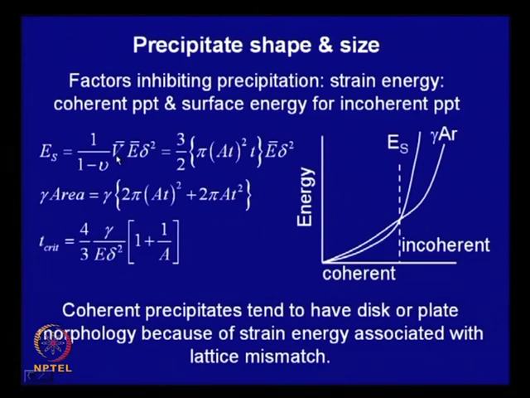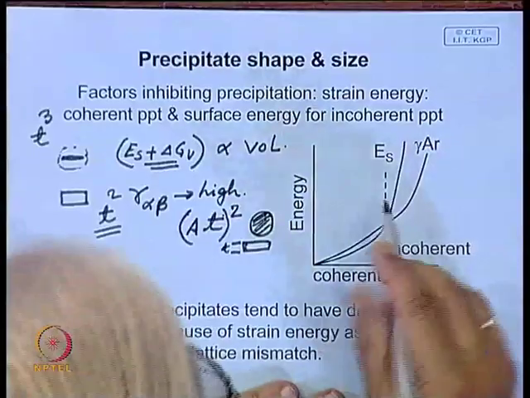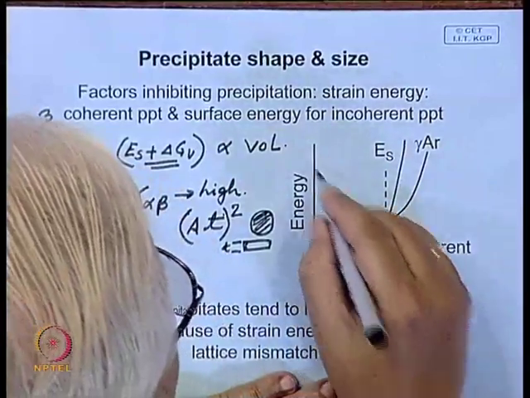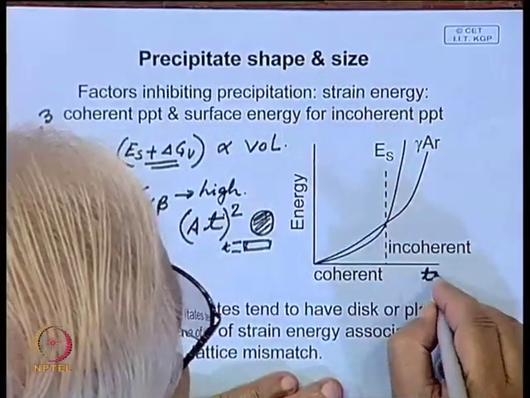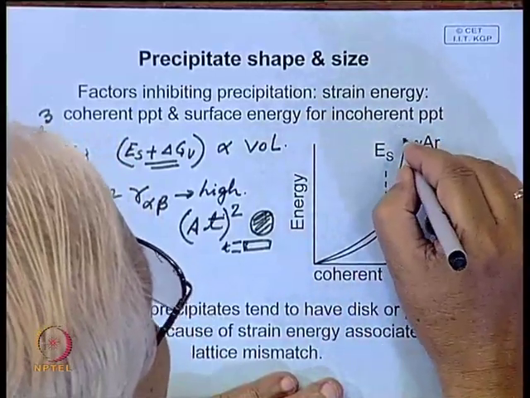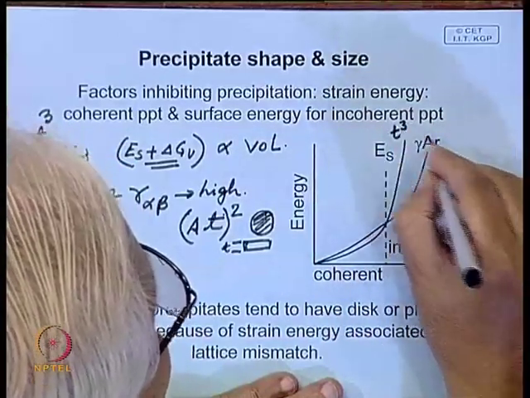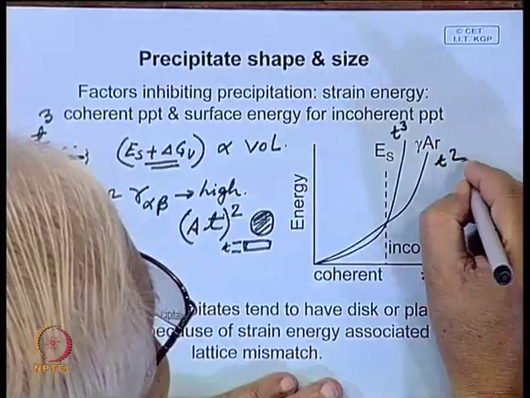And what does this mean? Look over here, if you plot this energy against T, this varies as T cube, this varies as T square.